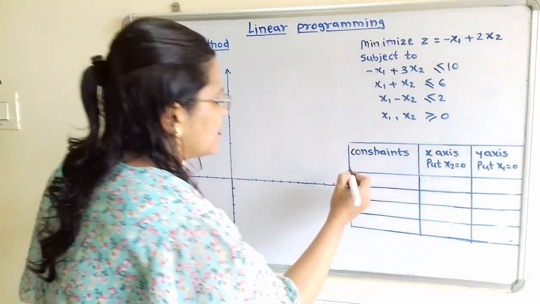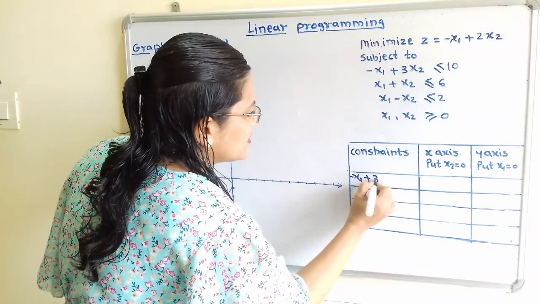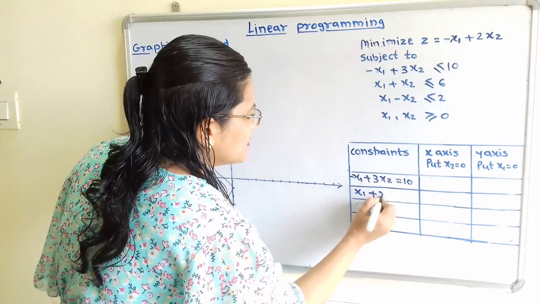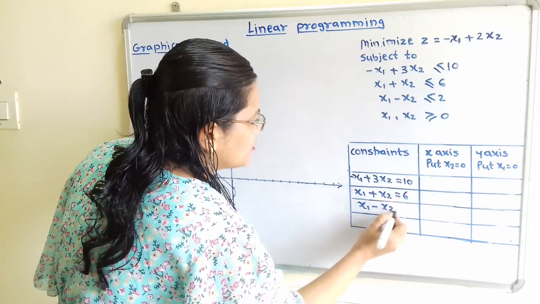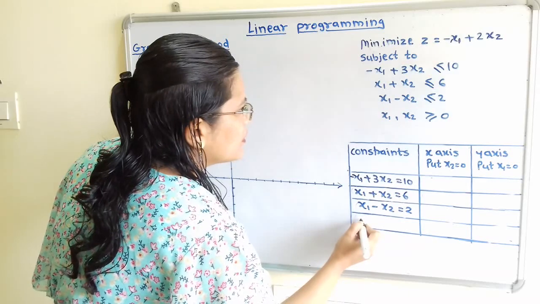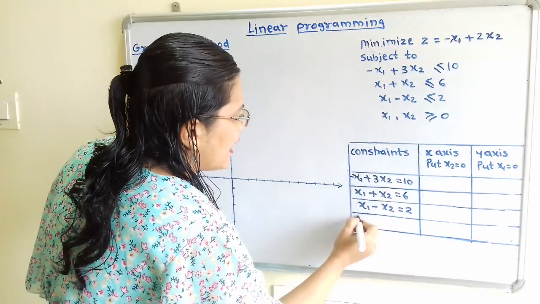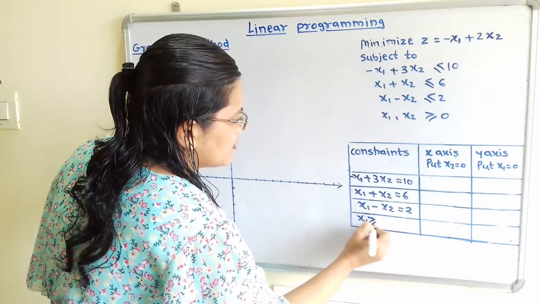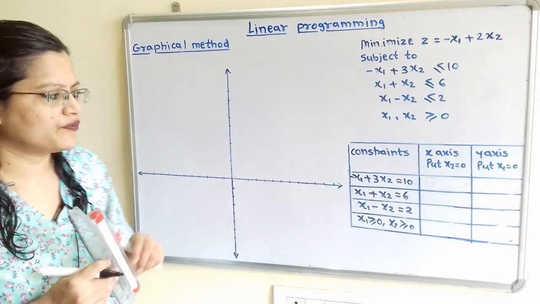So I will write here minus x1 plus 3x2 is equal to 10, x1 plus x2 is equal to 6, x1 minus x2 is equal to 2, and here x1, x2 are greater than or equal to 0. These are the conditions, that is x1 is greater than or equal to 0, x2 is greater than or equal to 0.